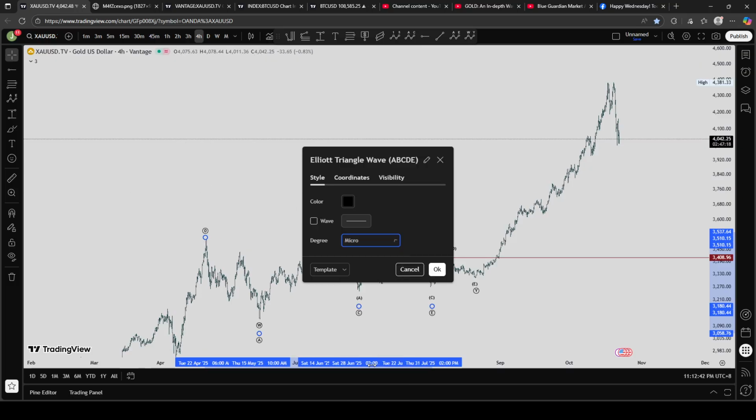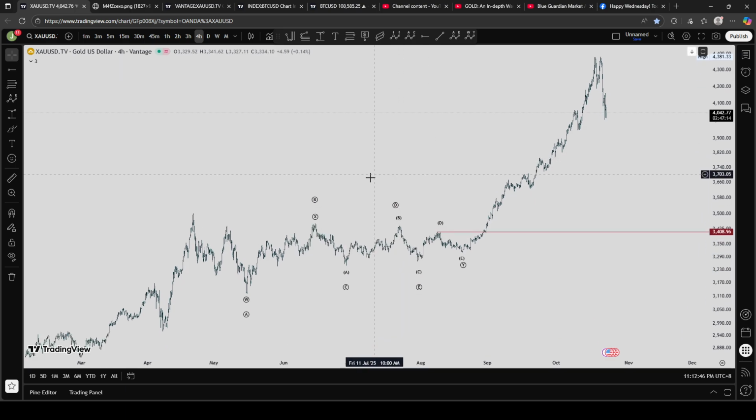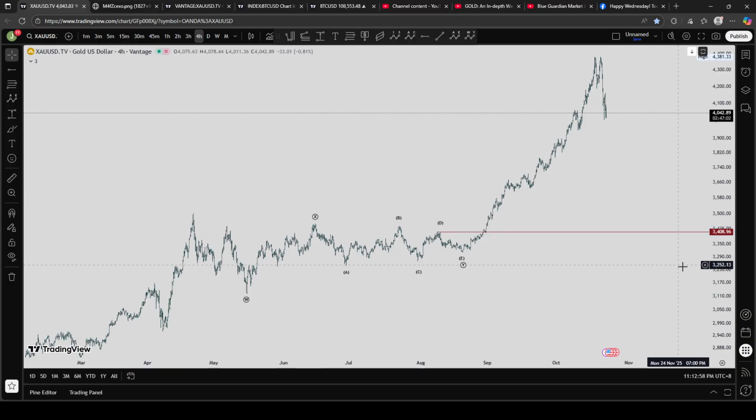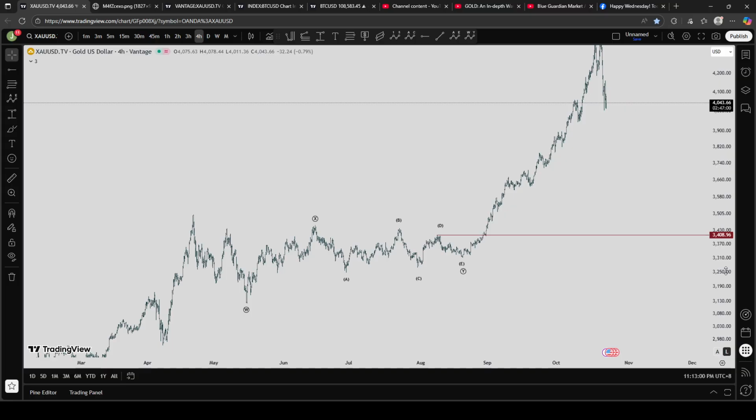So there are two possible valid Elliott wave structures. It's either I will use a triangle like this labeled A, B, C, D, E, or I can use this valid market structure using Elliott wave theory as a WXY where Y is a triangle.